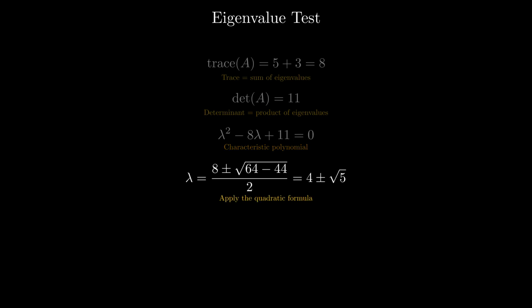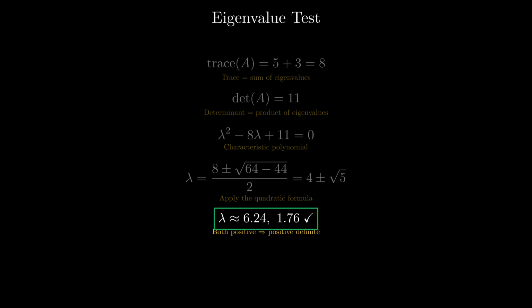Applying the quadratic formula, lambda equals 8 plus or minus the square root of 64 minus 44, all over 2. That simplifies to 4 plus or minus the square root of 5. Numerically, the square root of 5 is about 2.24. So the eigenvalues are roughly 6.24 and 1.76. Both are positive, so the eigenvalue test confirms positive definiteness.